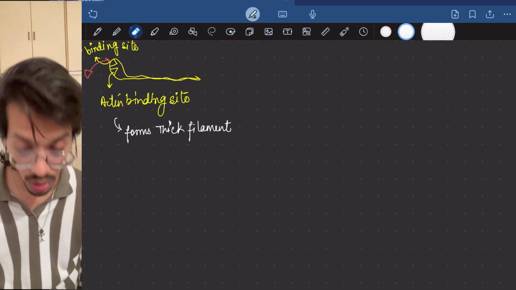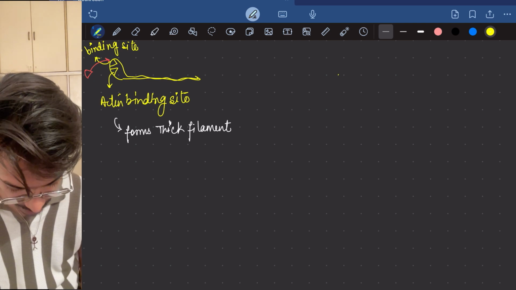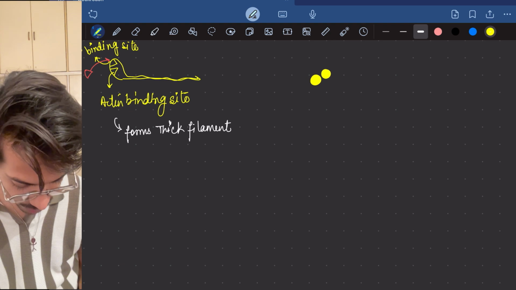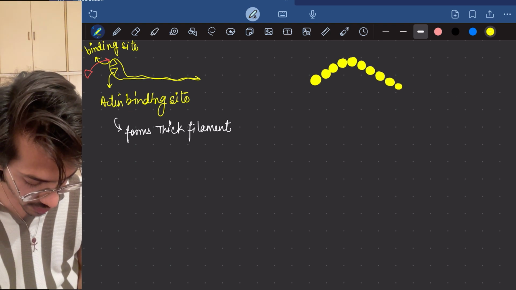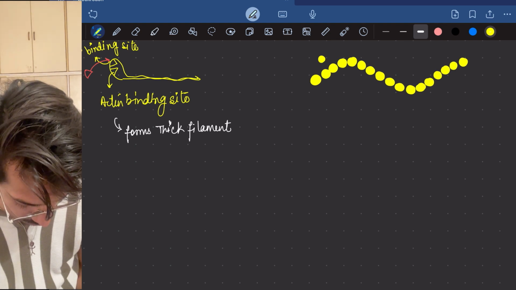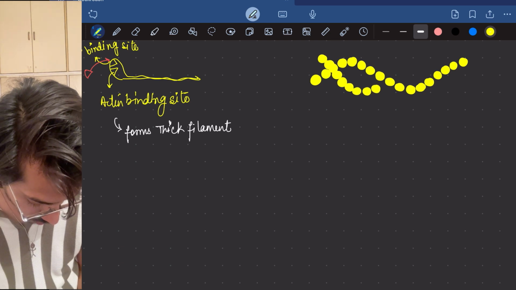Whereas the thin filament, how does it look? The thin filament has multiple structures. First of all, it has actin filaments, meaning it is made up of actin. This is how an actin fiber looks.